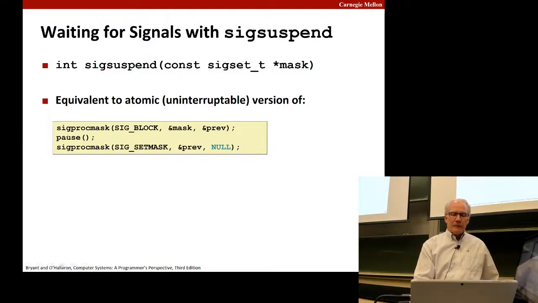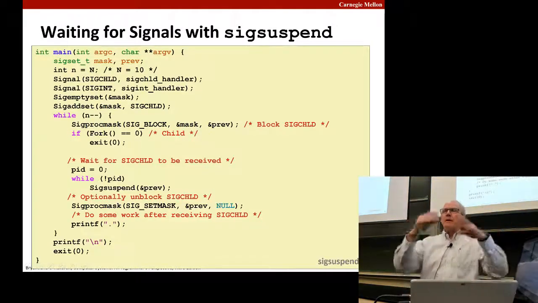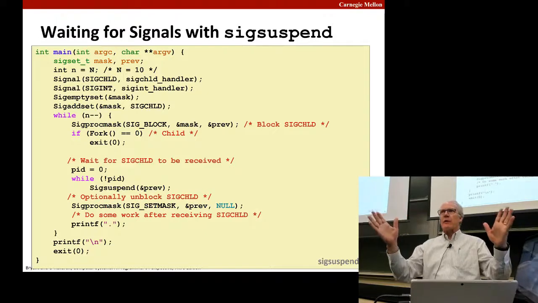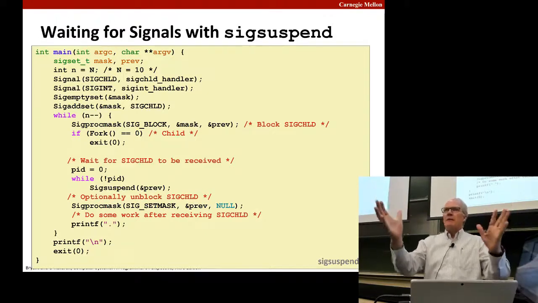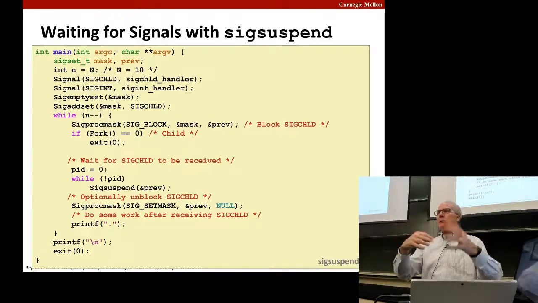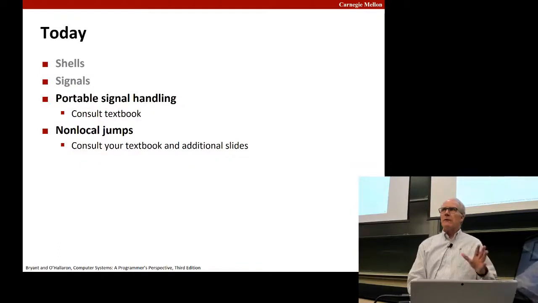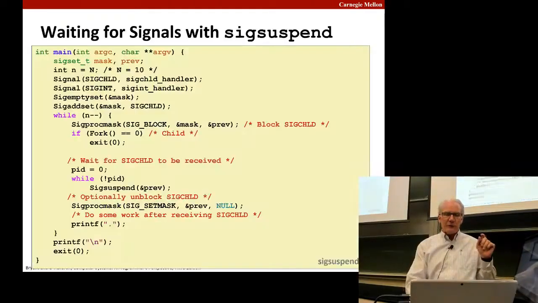So by making this atomic, so there's no possible action between these two, I'm safely opening it up. It says, okay, SIGCHLD, I'm ready for you. And then I'm pausing, waiting for that SIGCHLD to come in, and there's no risk of some bad thing happening in between.